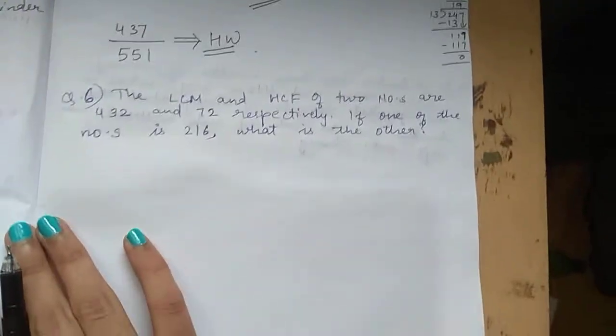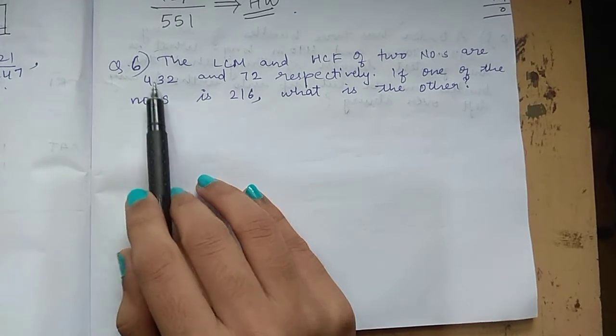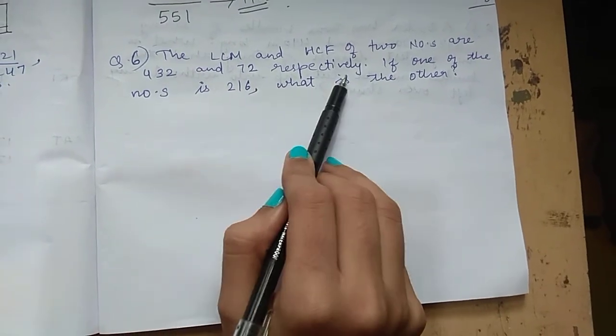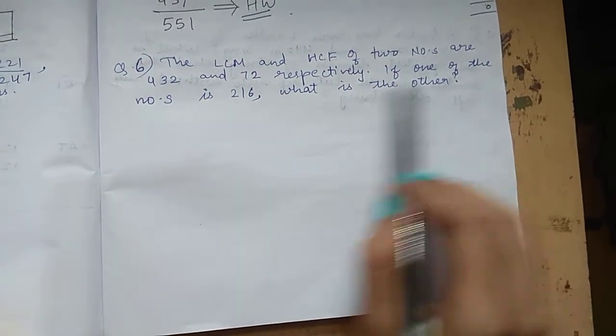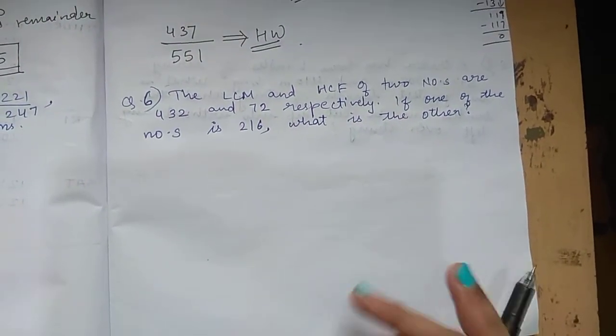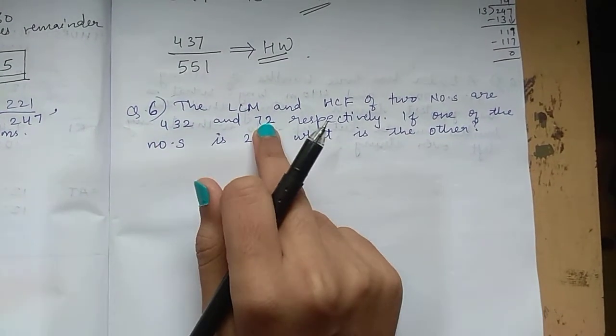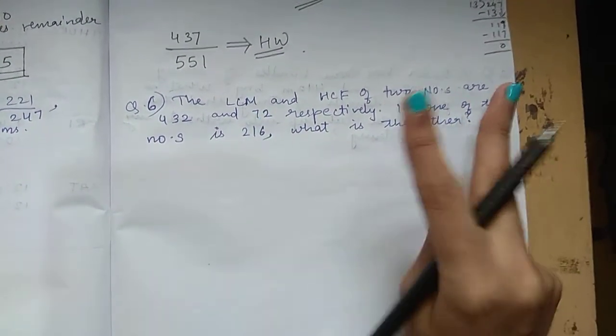Question number 6. The LCM and HCF of two numbers are 432 and 72 respectively. If one of the numbers is 216, what is the other? Means LCM and HCF are given. LCM is 432 and HCF is 72. There are two numbers.